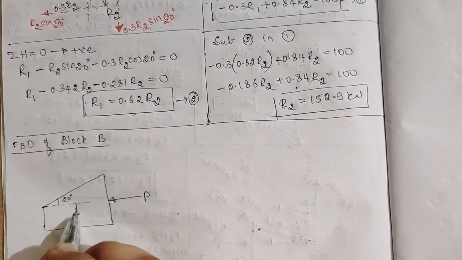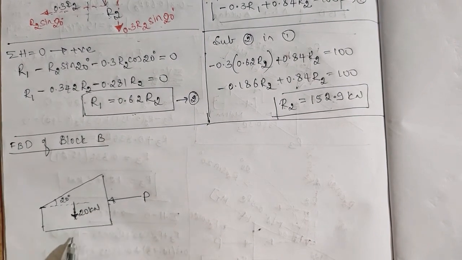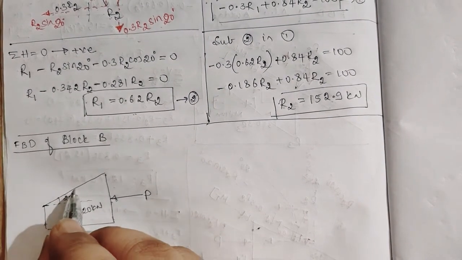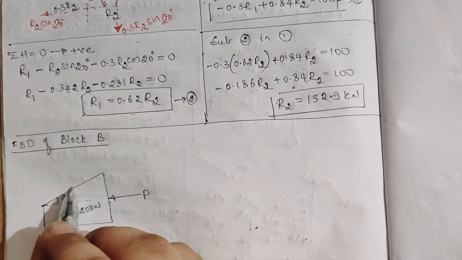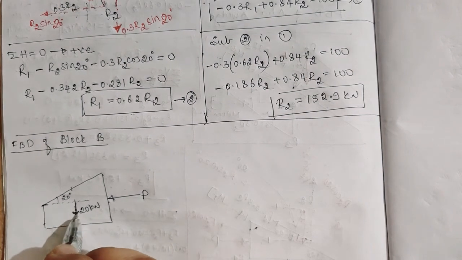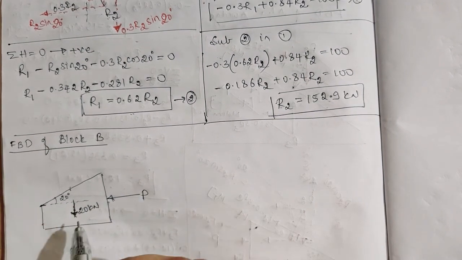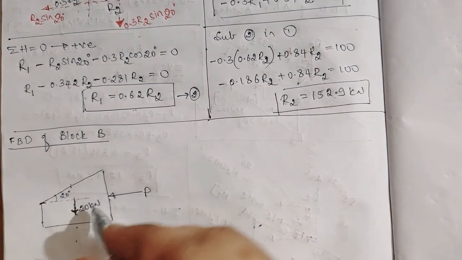I'm taking the weight at the center because here the contact surface is there, here the contact surface is there, because here we will encounter R2, here we'll encounter R3. So I'm taking this at the center so that we would not get confused later.